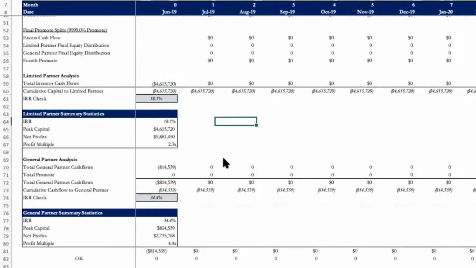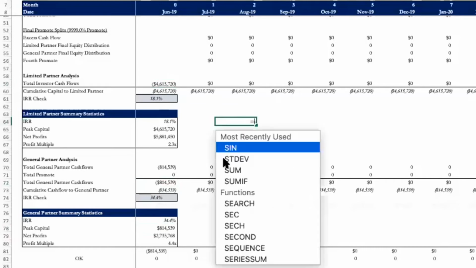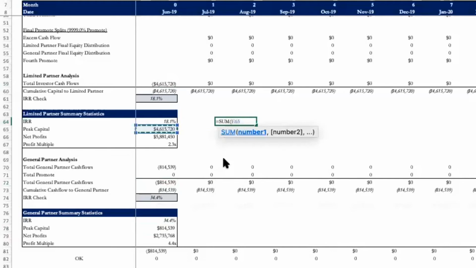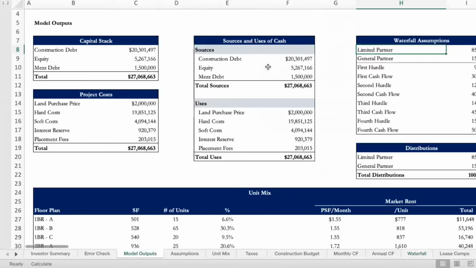If I were to sum that up real quick, I would get around $5.4 million, which is enough to cover the $5.267 million equity requirement of this project.